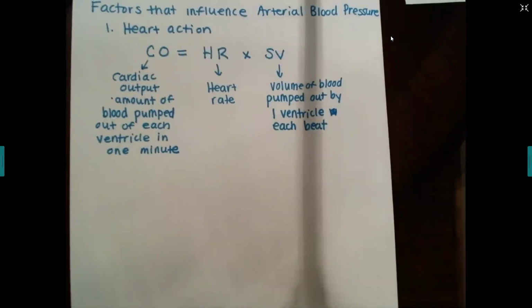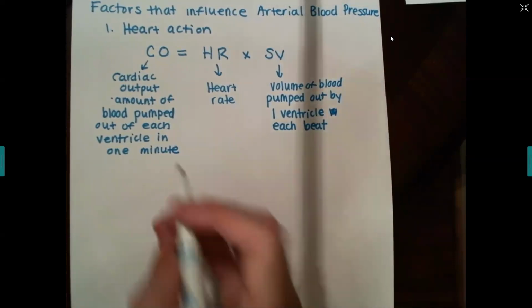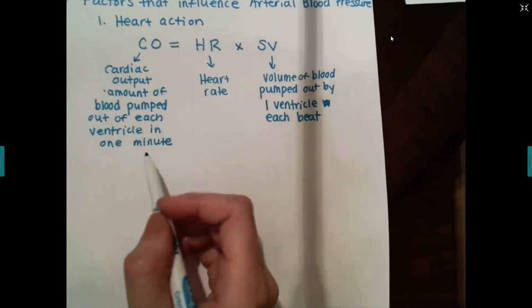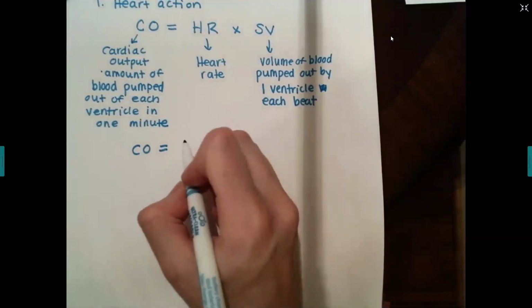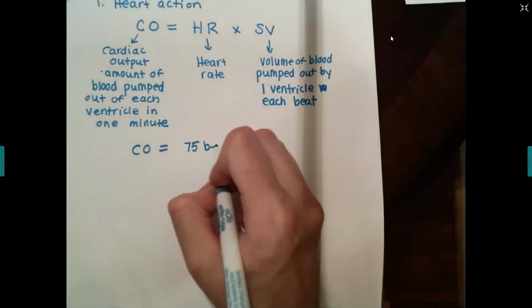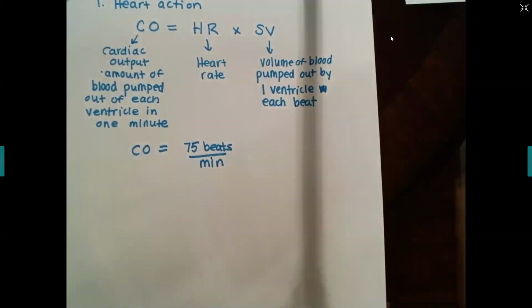So with cardiac output, we're going to take the averages for a person. The average heart rate for somebody is roughly 75 beats per minute. We'll just take an average.